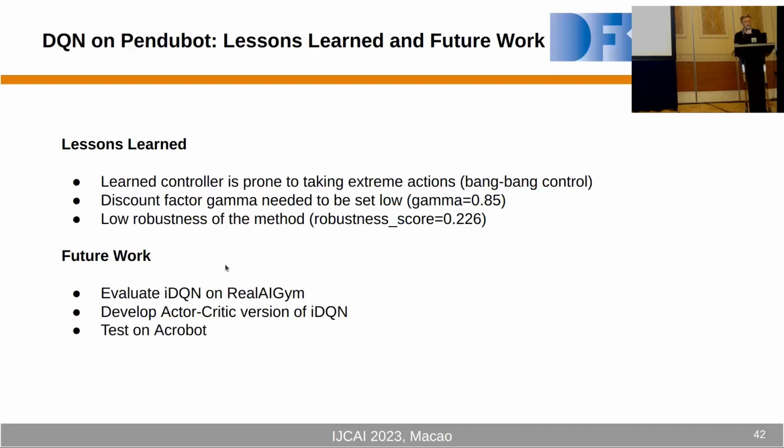One of the problems is of course action discretization. It's not nice for real systems. Therefore, we are considering developing an actor-critic version of iDQN. And then also we didn't test an Acrobot. This would also be one of the next steps.